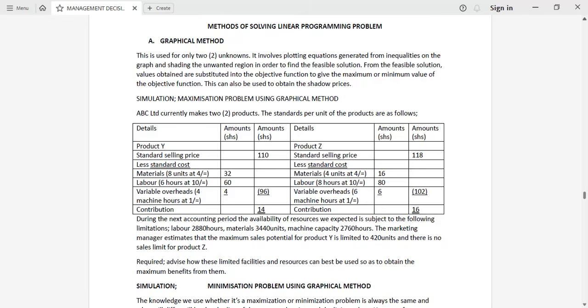And we are going to look at some of them, though most of them, like the graphical method, need a graph paper, but we shall find a way of how we can do it. By the time we reach the point where we are supposed to use the graph paper, we can just sketch and see what we can have.